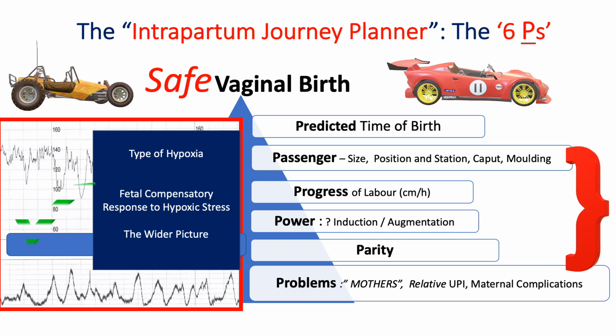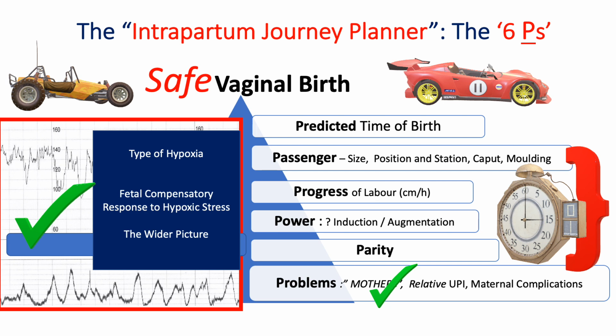And we'll be considering the clinical picture. And if the CTG is normal and the clinical picture is appropriate, the next question is, how long do we have to continue this labor with the observed features on the CTG trace? Can we do anything to improve fetal oxygenation until the time of birth?